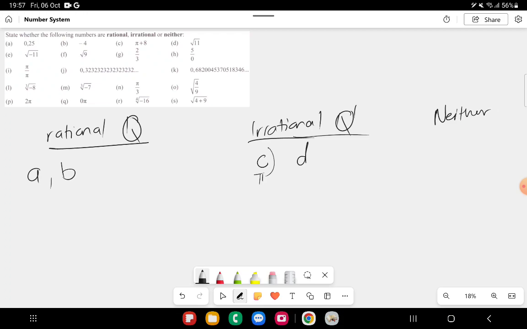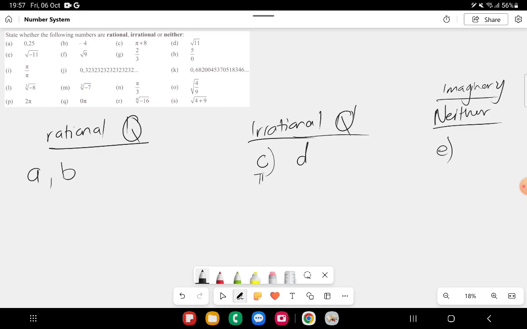So if it's neither, it means it is imaginary. E is imaginary because if I put that in my calculator, I get an error message.